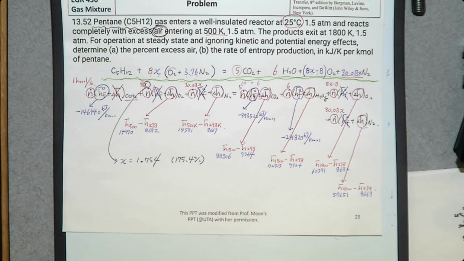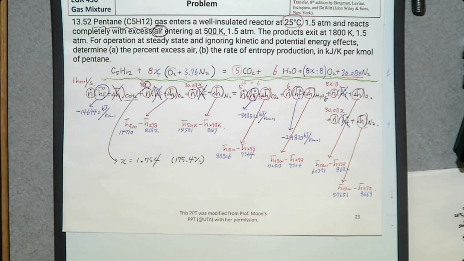Then you can neglect this one. What if I say the fuel is not pentane but carbon? Then there's no water. So there are many ways we can save time. So read problem statements carefully when you are in the first exam.